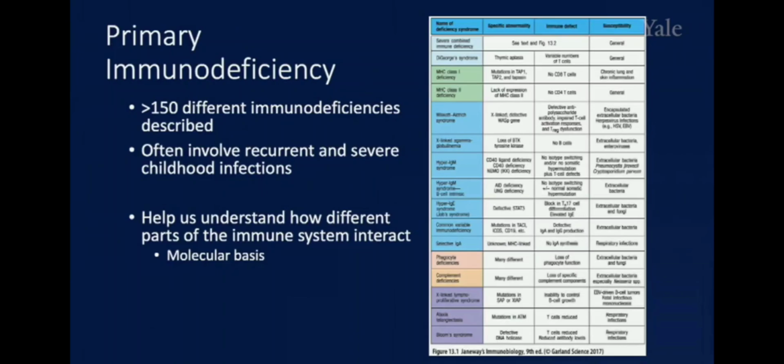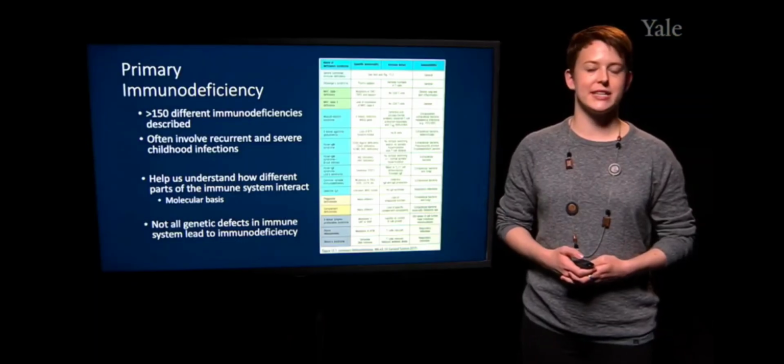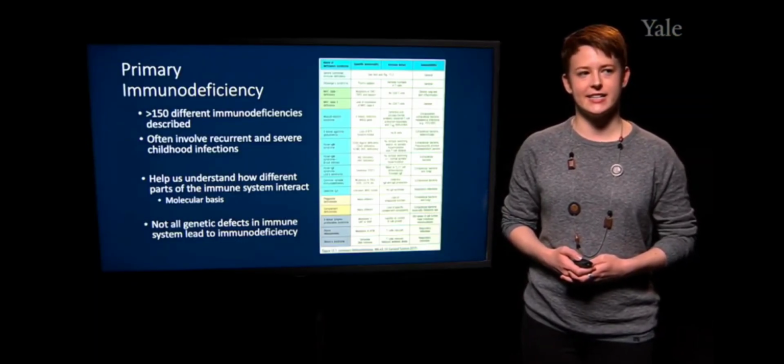So, not all genetic defects in the immune system actually lead to immunosuppression. We'll talk about this a little bit later, but this is important because we can see which areas in the immune system are redundant. So if you lose one, it's covered by another portion of the immune system.